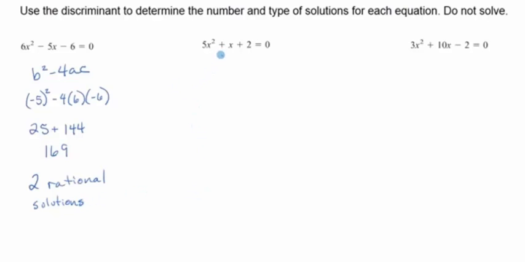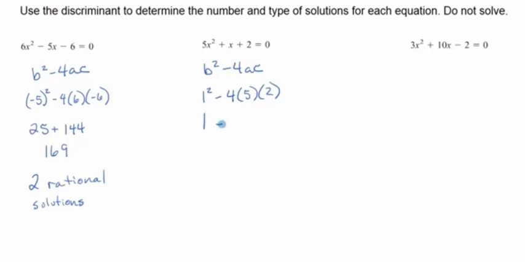Here, 5x squared plus x plus 2 equals 0. Let's go ahead and take our discriminant expression and start finding out what that is. So b squared, b is 1. 1 squared minus 4 times 5 times 2.